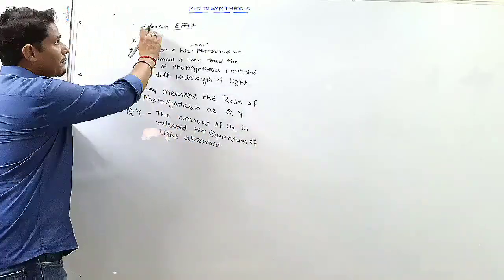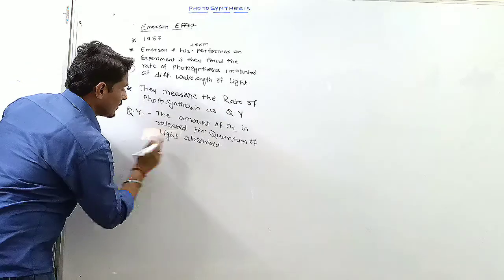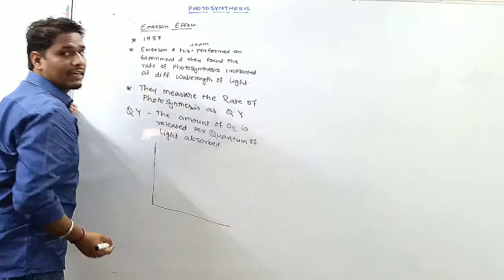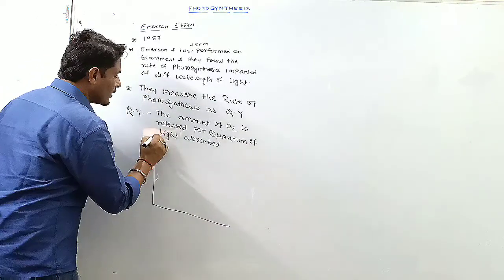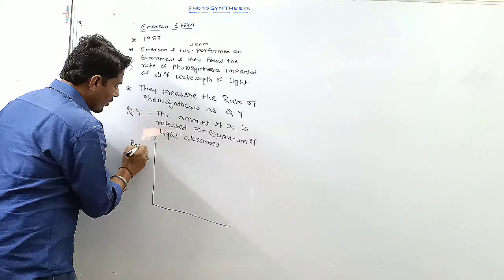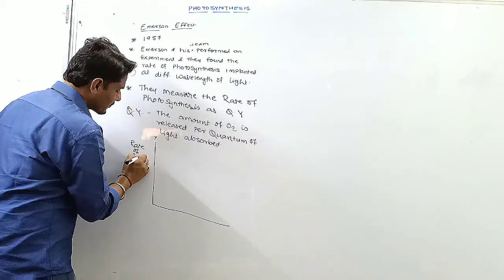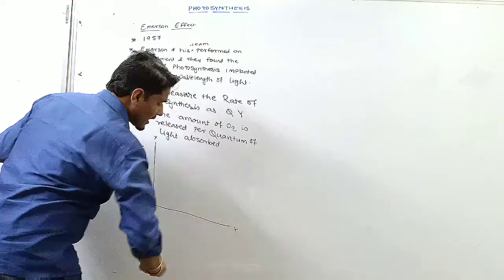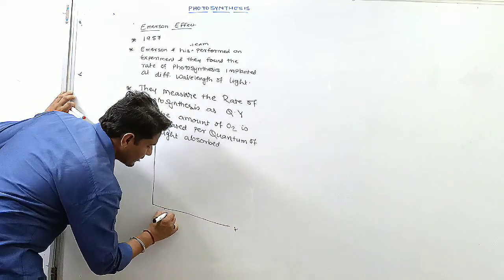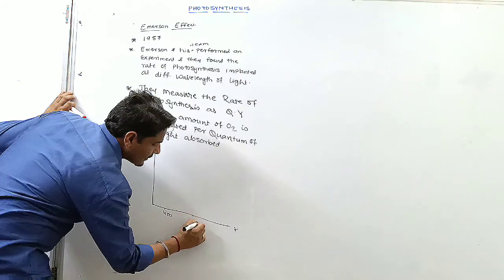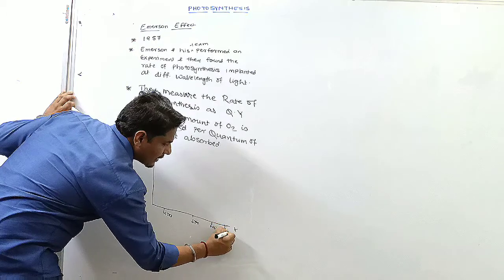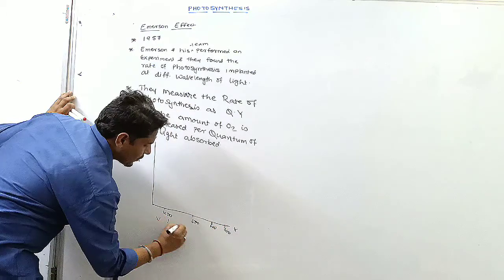The result of the rate of photosynthesis in the Emerson effect is represented in the form of a graph. On the y-axis is the rate of photosynthesis, and on the x-axis he plotted wavelength: 400, 500, 600 and 700.